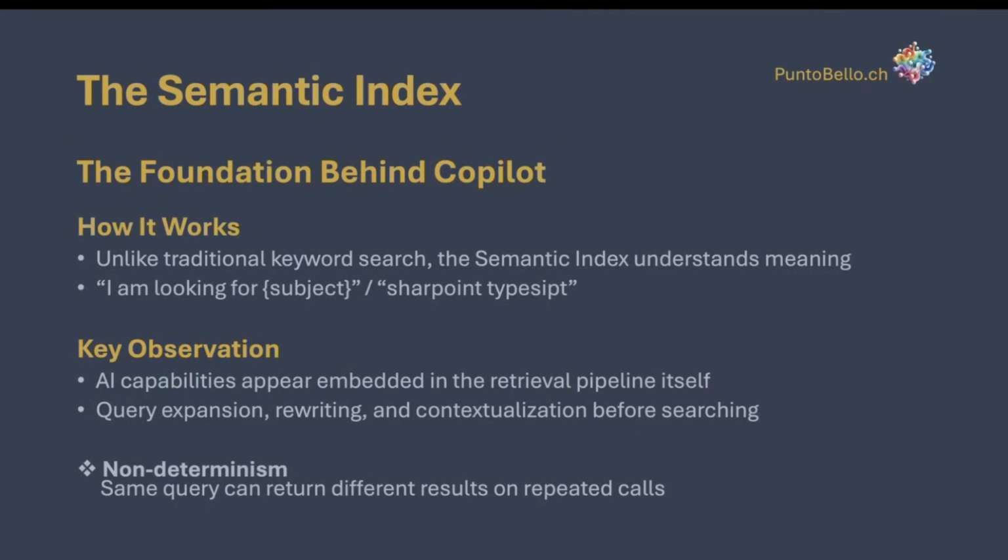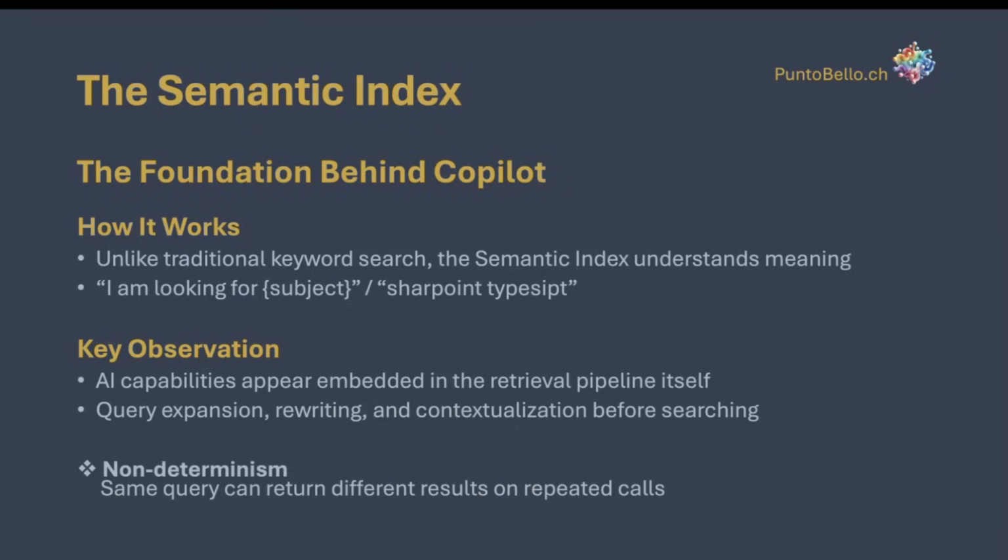The foundation of this API is the Microsoft 365 semantic index, and unlike traditional SharePoint search, which uses keyword matching, with some stemming and so on, it is not as powerful as the semantic index. It understands the meaning, so we can ask questions or even misspell words, and those are found.